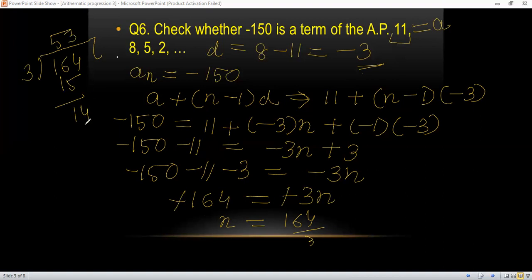Again it will go by 3, 5 is the remainder. Now it is in mixed form. You see this number is in mixed form. It is not an integer.